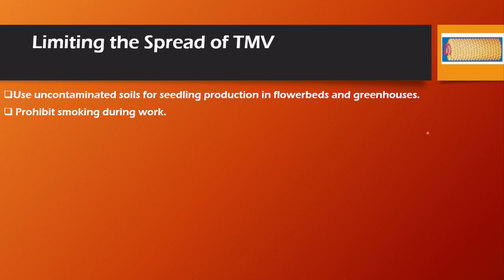So in the fields smoking is not allowed. Workers should wash their hands regularly so that if the virus is attached to their hands, it cannot be mechanically transferred to the healthy plants.